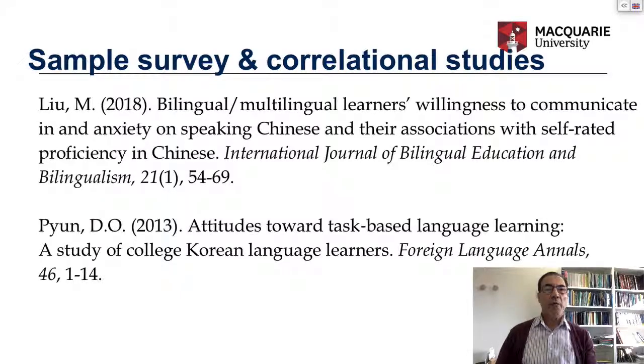The other study is done by Hyon and was published in 2013. And the title of this study was Attitudes Toward Task-Based Language Learning: A Study of College Korean Language Learners. And this study has been published in Foreign Language Annals.